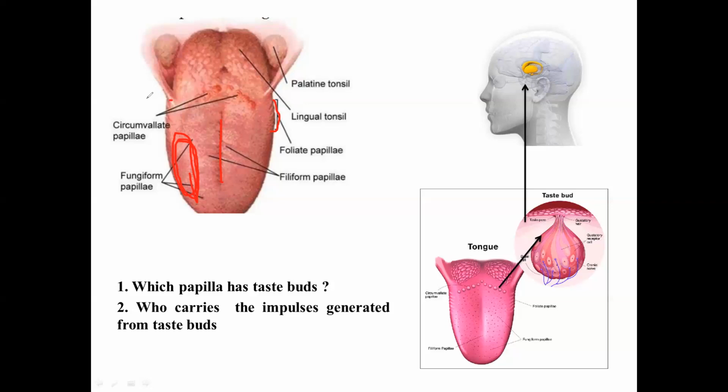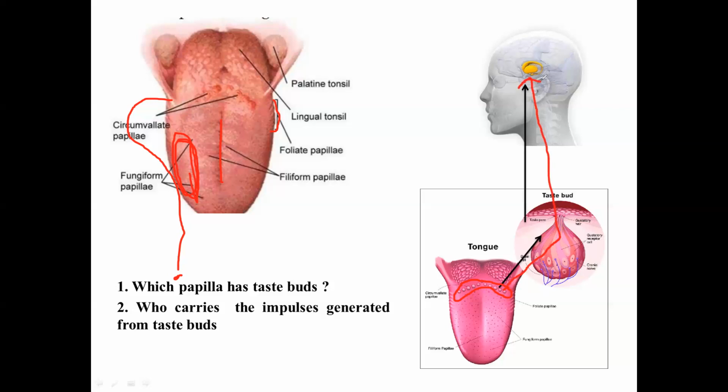Out of these papillae, which has taste buds present? The circumvallate papillae are the ones which have taste buds present.